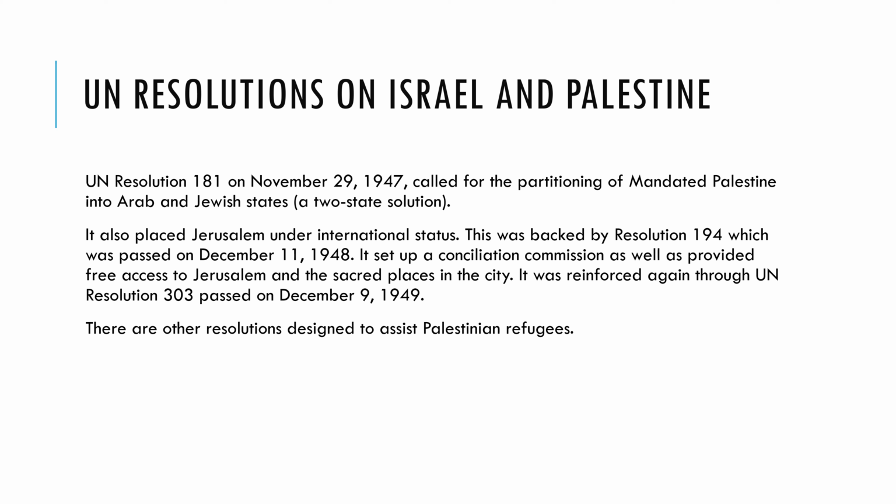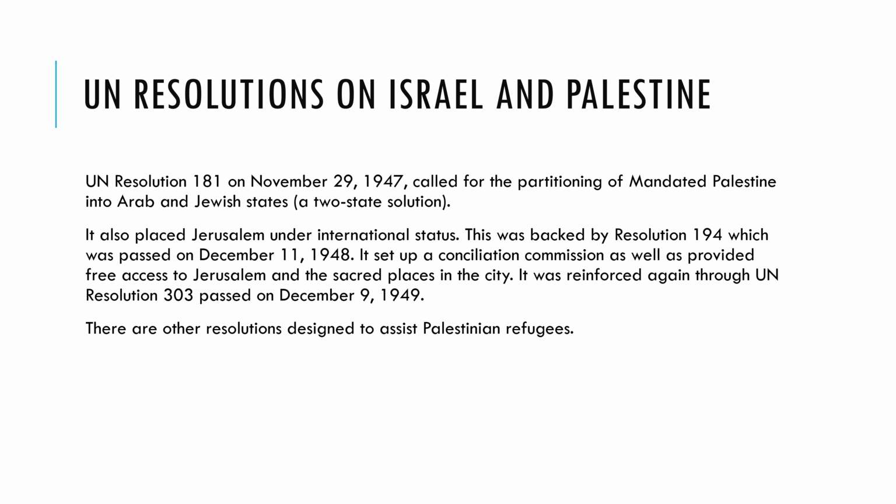This was backed by Resolution 194, which was passed on December 11, 1948. It set up a conciliation commission as well as provided free access to Jerusalem and the sacred places in the city.